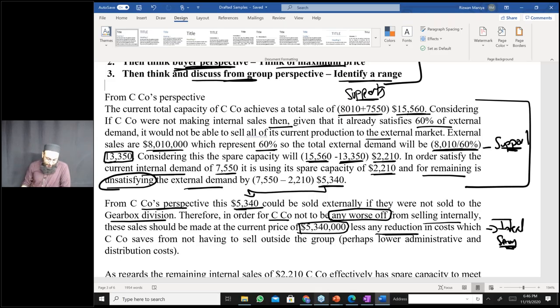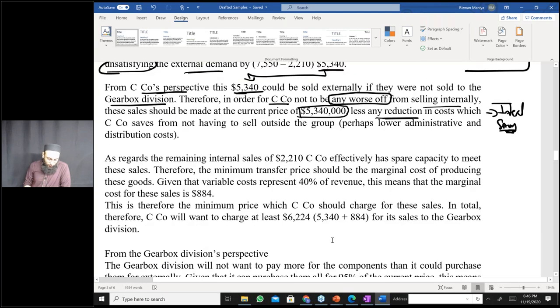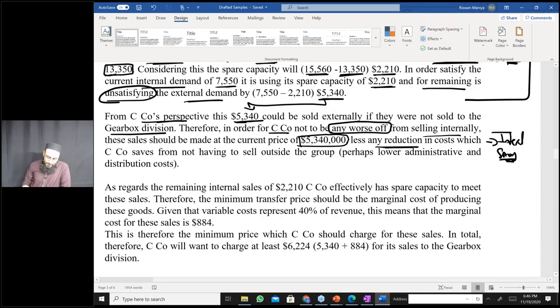As regards the remaining internal sales of 2210, the company effectively has spare capacity to meet these sales. Therefore, the minimum transfer price should be the marginal cost of producing these goods. Given that variable cost represents 40% of the revenue, the marginal cost for these is 884. Everything we did in our workings was just to explain the concept.